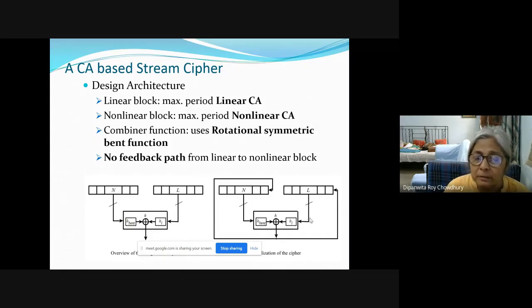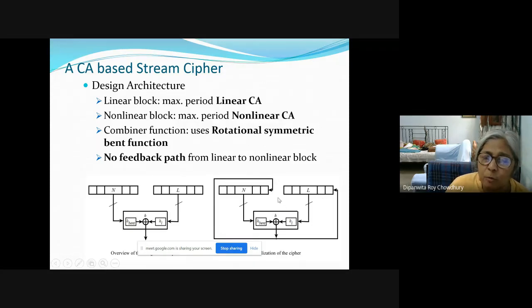See the feedback thing. Again, what have we done? We have taken tap bits. Remember, earlier in Grain it was 2 tap bits from the non-linear NFSR. Here we have a few tap bits from L, and this is the feedback.